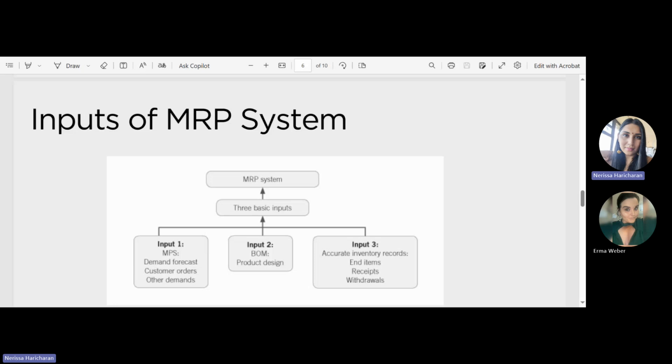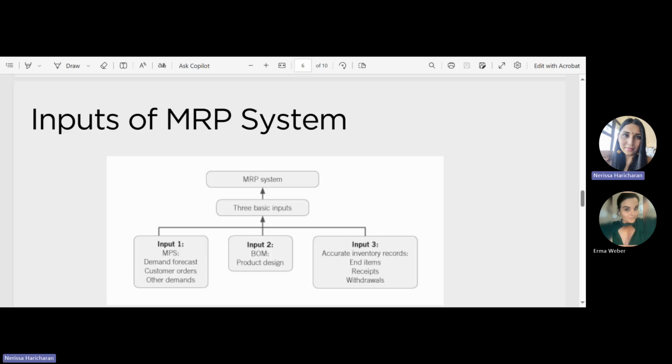In an MRP system, the bill of material is the first hurdle that the business needs to overcome. The larger the product becomes, the more parts are required to assemble it. It can be quite large and cumbersome, so you need quite an accurate bill of material so that your MRP system can operate.